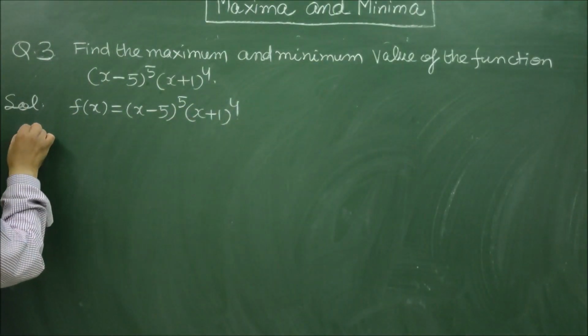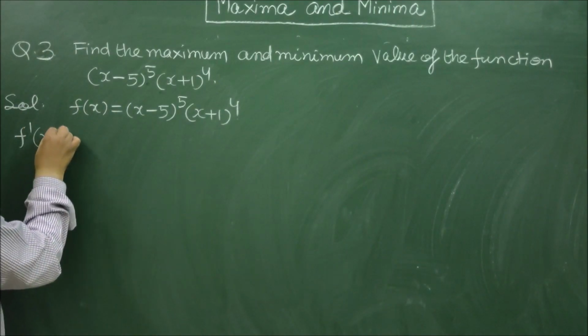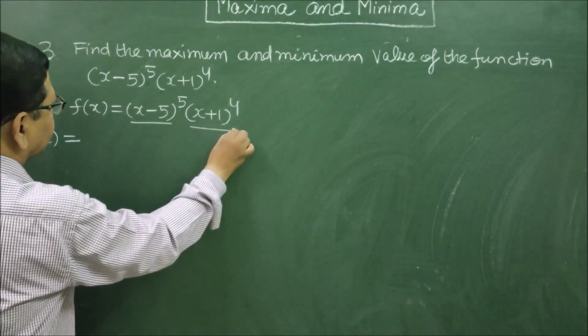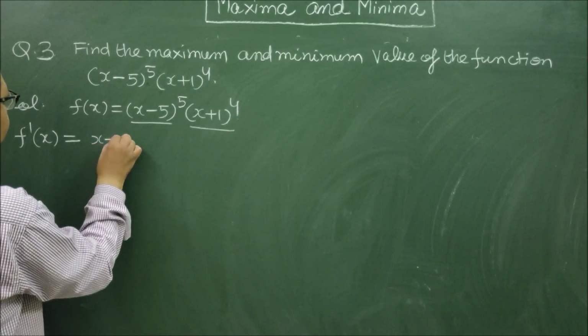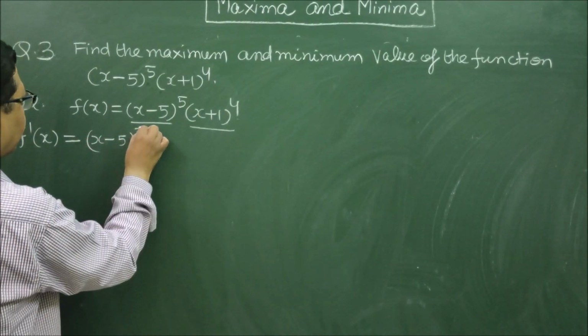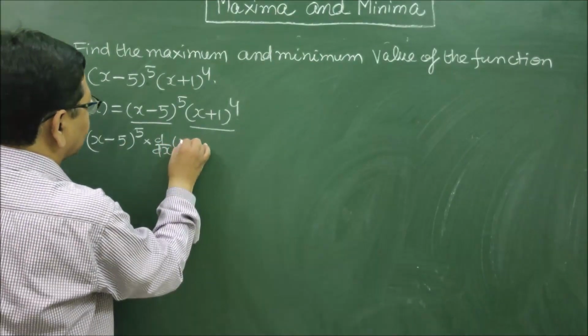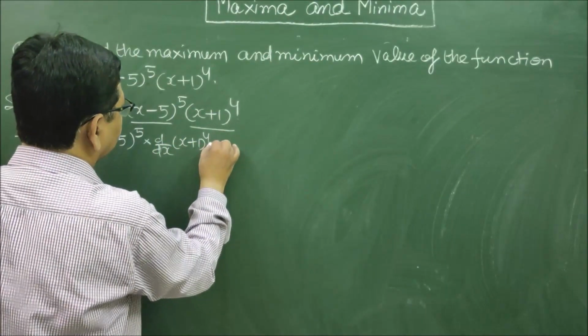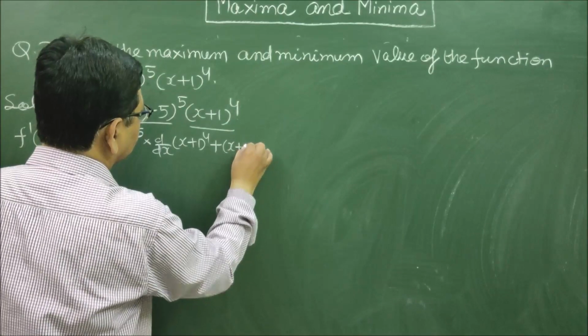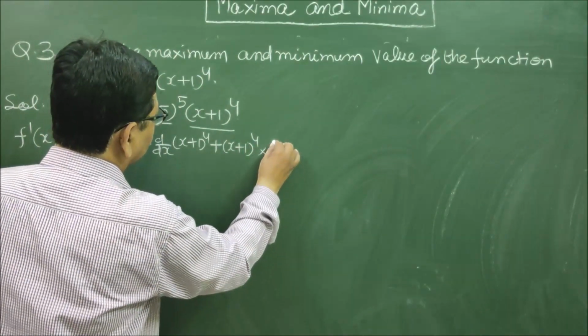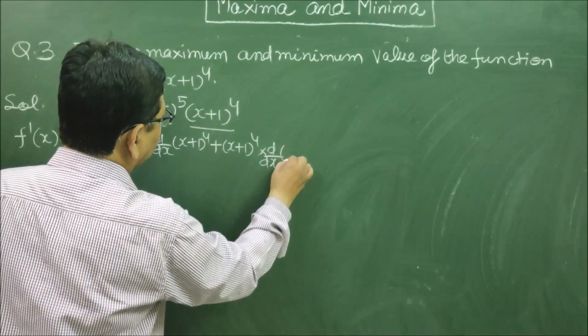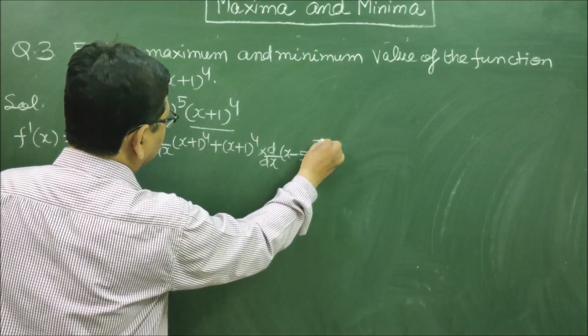Differentiating it with respect to x, f dash x, using the product formula of differentiation, is x minus 5 raised to the power 5 into d dx of x plus 1 raised to the power 4, plus x plus 1 raised to the power 4 into d dx of x minus 5 raised to the power 5.